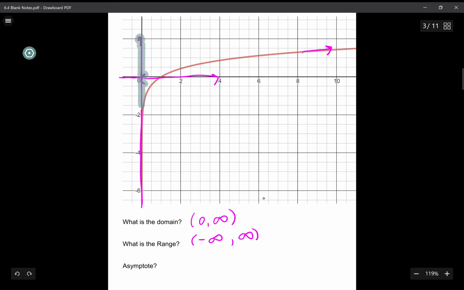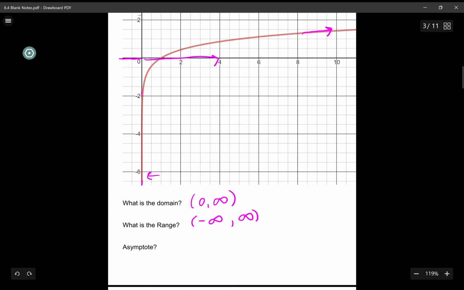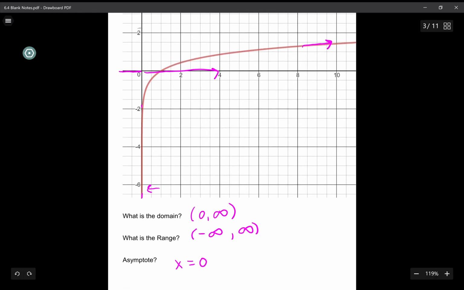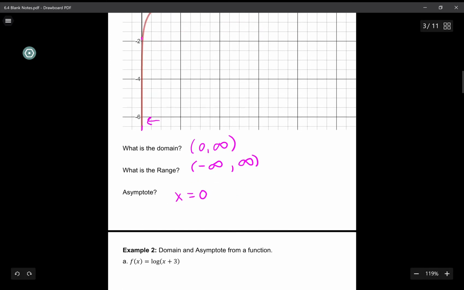Let me just erase where I drew all over this. You can see that as we're getting close to 0, this is shooting down to negative infinity, but it's never going to cross the y-axis. So our vertical asymptote is x equal to 0, or t equal to 0, whatever you use as your input variable. All right, so that's what they look like on a graph, and that's how you can find the domain, range, and asymptote from a graph.